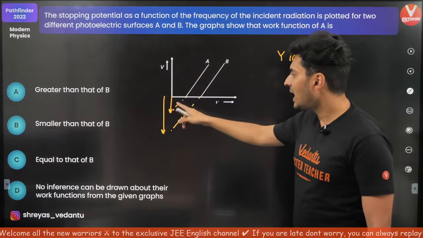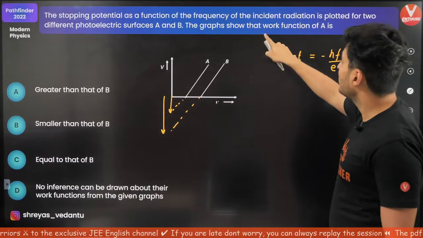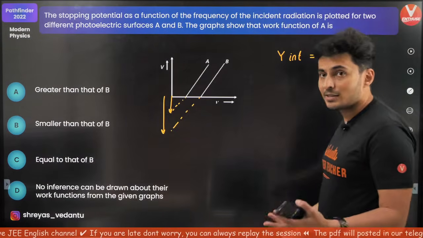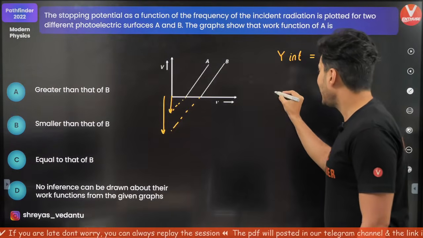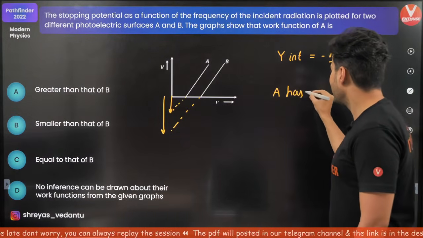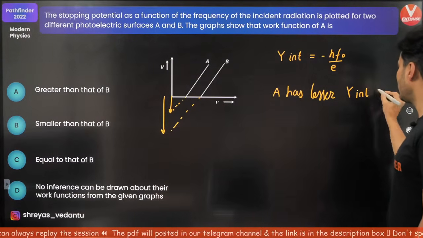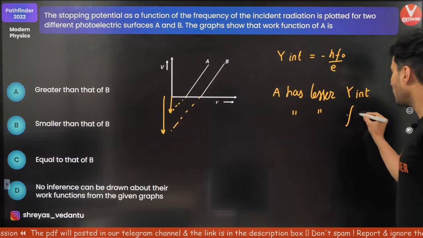Obviously B. A has smaller y-intercept. So the graph shows that the work function of A is more or less than that. Think about it. If A has lesser y-intercept, it means A has lesser f naught.